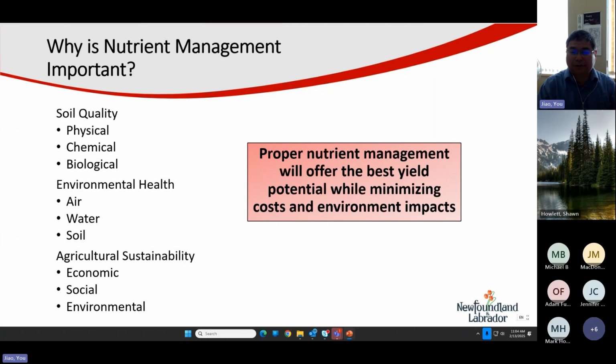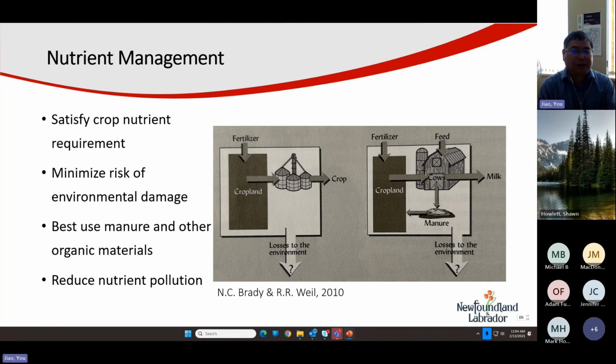Proper nutrient management will offer the best yield potential while minimizing cost and environmental impact. Nutrient management satisfies the crop nutrient requirement, but also minimizes the risk of environmental damage, makes the best use of manure and other organic materials, and reduces nutrient pollution.